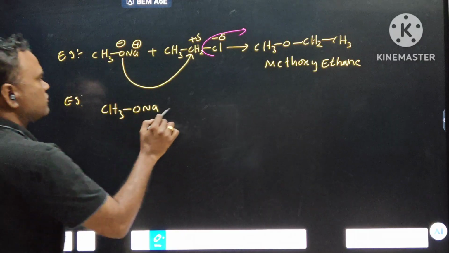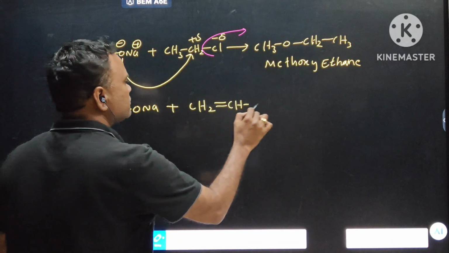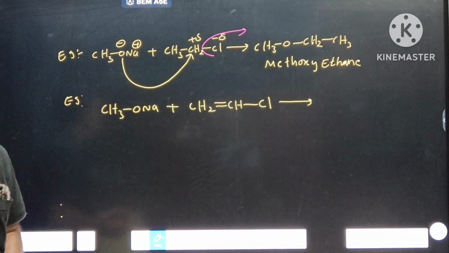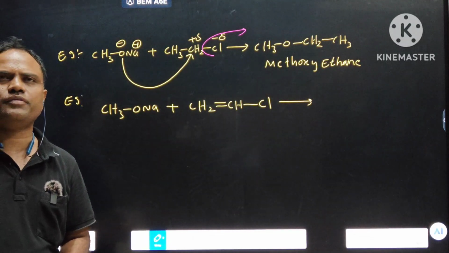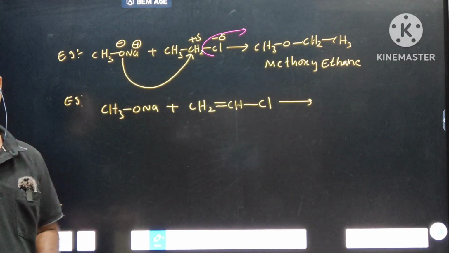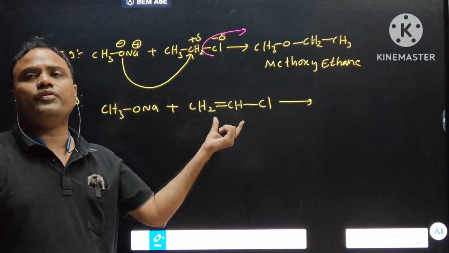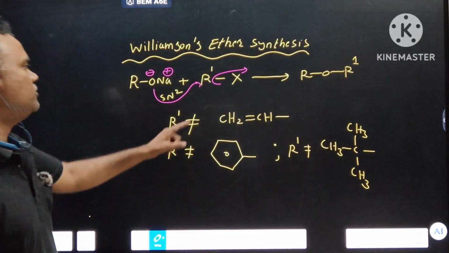CH3ONa. What about the product? Can you give the product for this? Yes, very good. Reaction does not take place. Why? In place of R, vinyl should not be present. I already gave this.